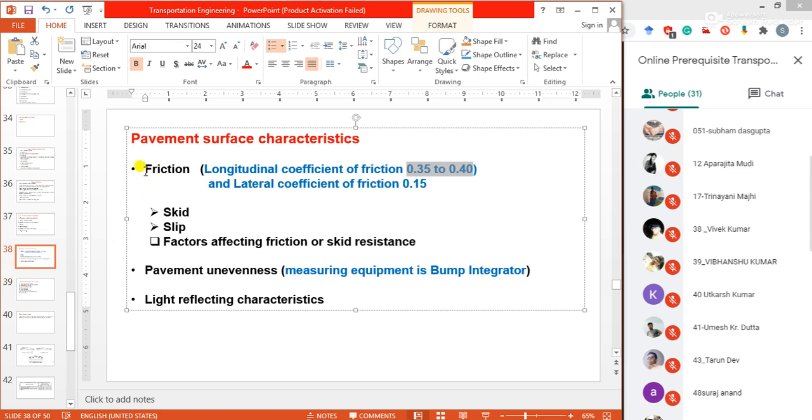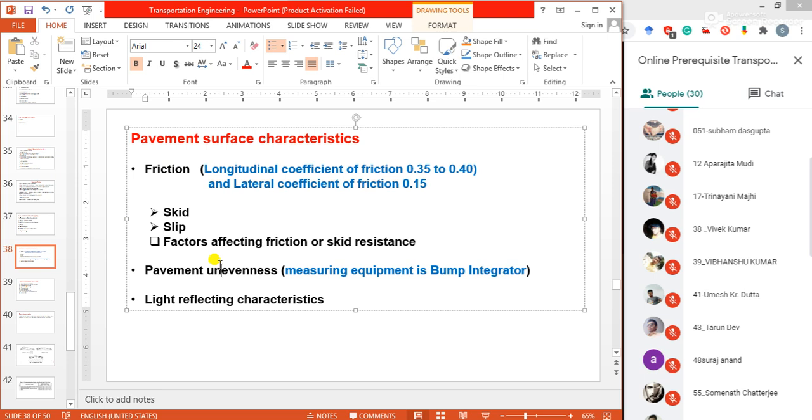Friction, I think, is clear to you. Now skid and slip. What is skid? Skid occurs when the wheels slide without revolving, or when the wheels partially revolve.